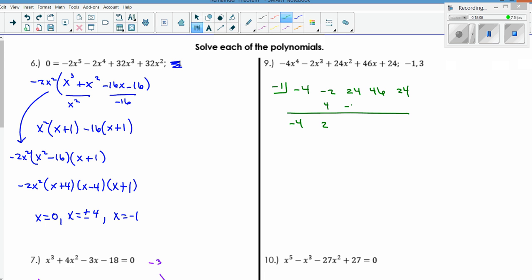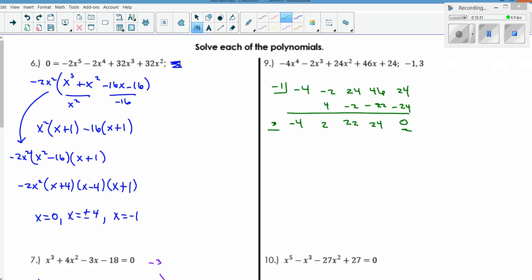2, negative 2, 22. Negative 22 here. 24, negative 24. There's my 0.